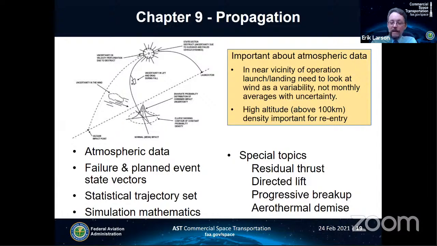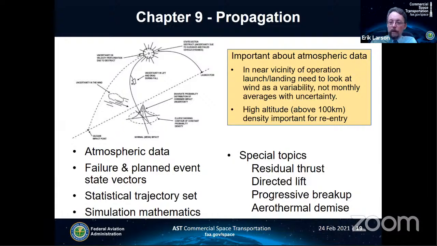Breakups are not instantaneous, except sometimes explosions are pretty instantaneous, but certainly structural failures can take some time, and aerothermal breakup certainly happens over an extended period of time. And then also aerothermal demise, how much melts and then doesn't actually reach the ground, but melts and then vaporizes in the air.